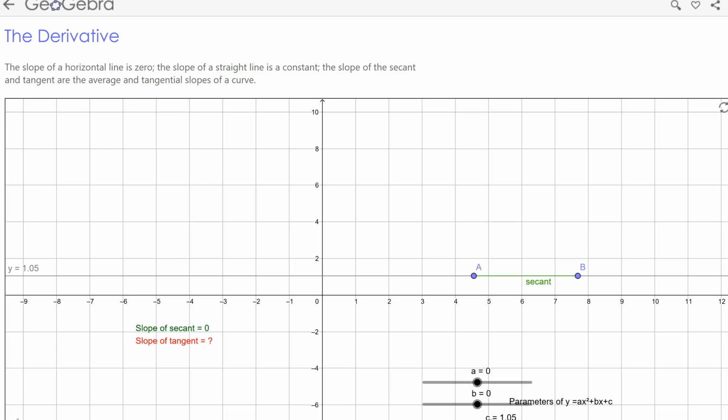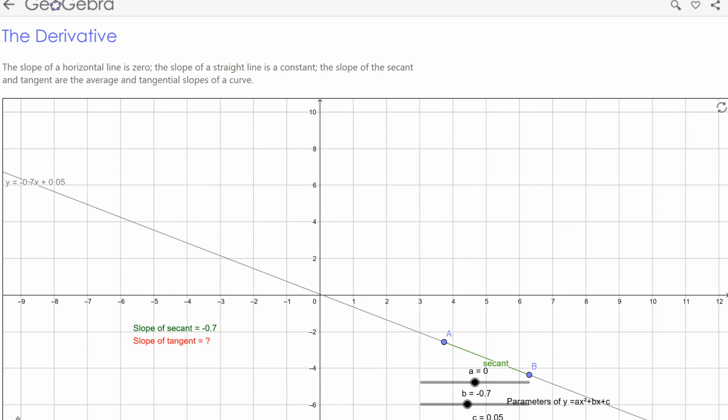So the slope of the secant is the same as the slope of the straight line, and it doesn't really make sense to talk about the slope of a tangent just yet, because we know that a tangent technically, while it has the same slope as a curve, only touches the curve at one point, and clearly that's not possible on a straight line.